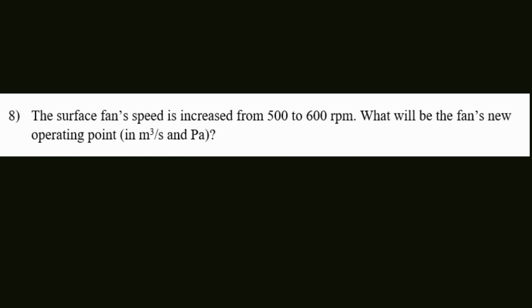Question 8. The surface fan speed is increased from 500 to 600 RPM. What will be the fan's new operating point? We can use the fan laws to solve this question. So the new quantity Q at 600 RPM divided by Q at 500 RPM equals 600 divided by 500.